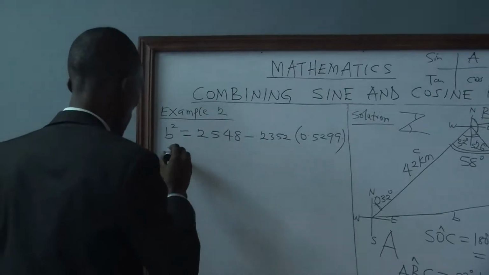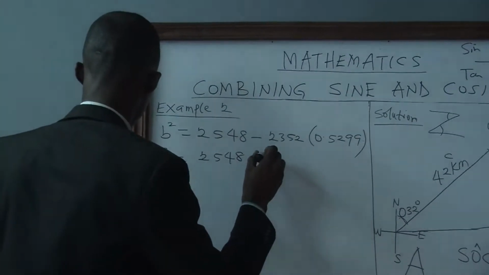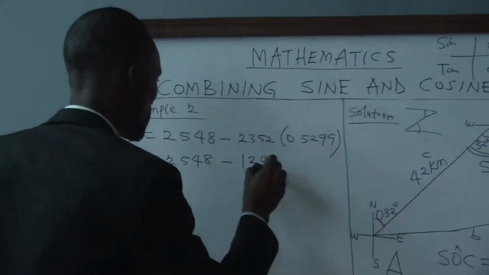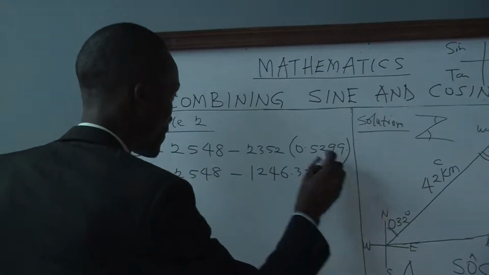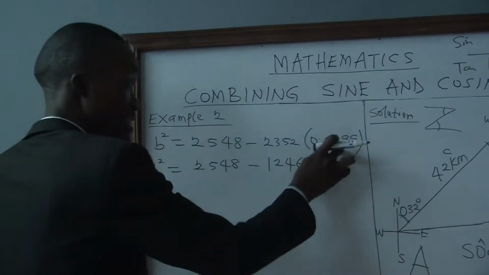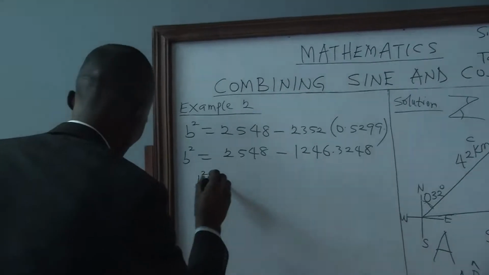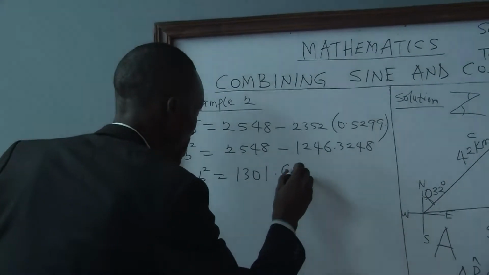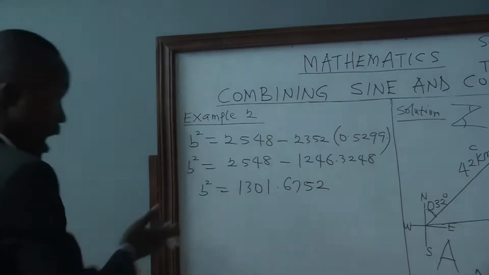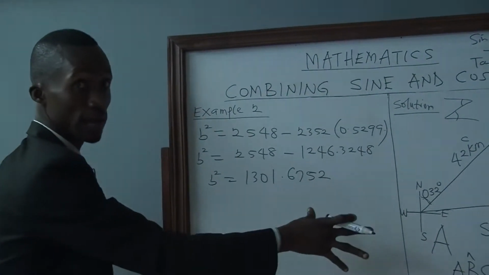So we have b squared to be 2548 minus 1246.3248 from our calculator. If you subtract these two, we have b squared to be 1301.6752. We've gotten to a point where we have an expression that involves a square.